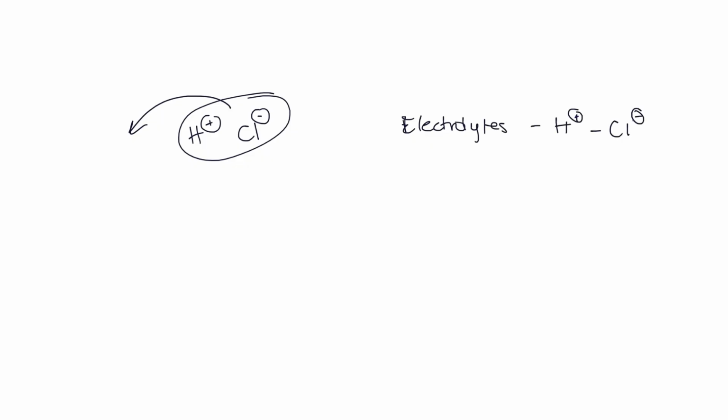What they did instead in order to maintain euvolemia was replenish a fluid that had all the electrolytes minus hydrogen and minus chloride in it. So these were the only two that they did not give back.